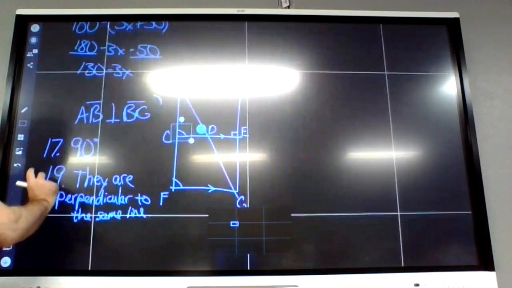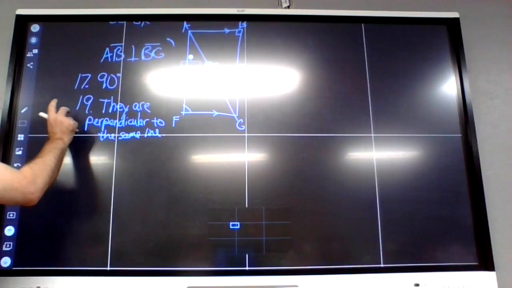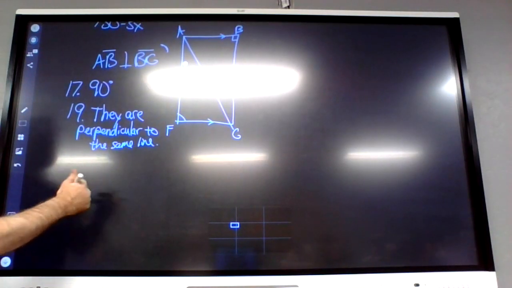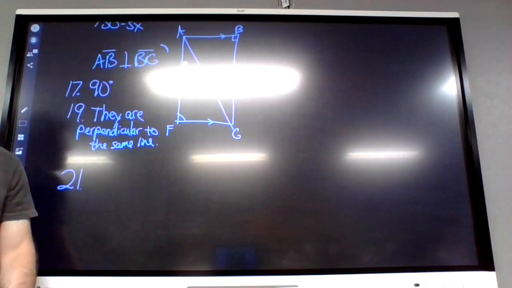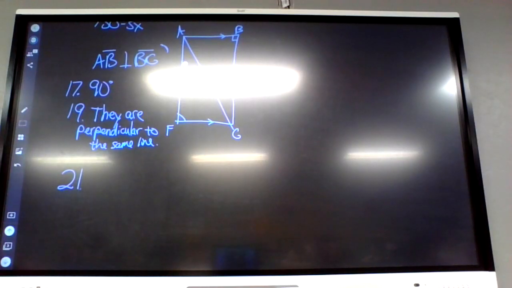Might have to zoom out because I want to keep this in the picture. Name three angles congruent to angle BAD.